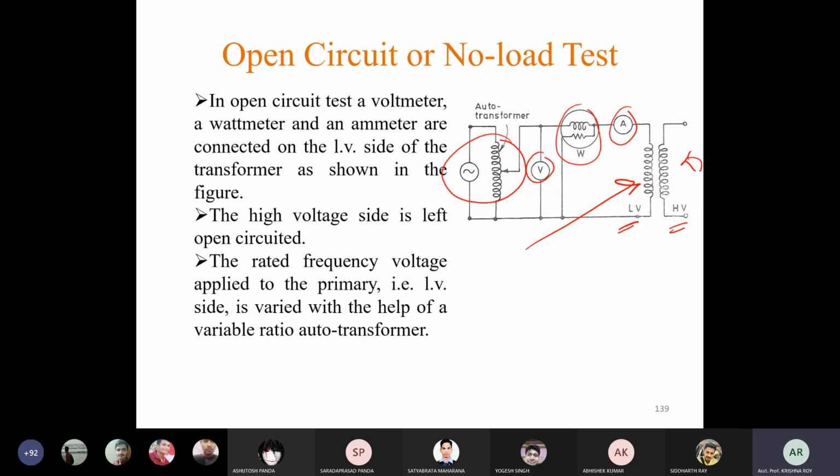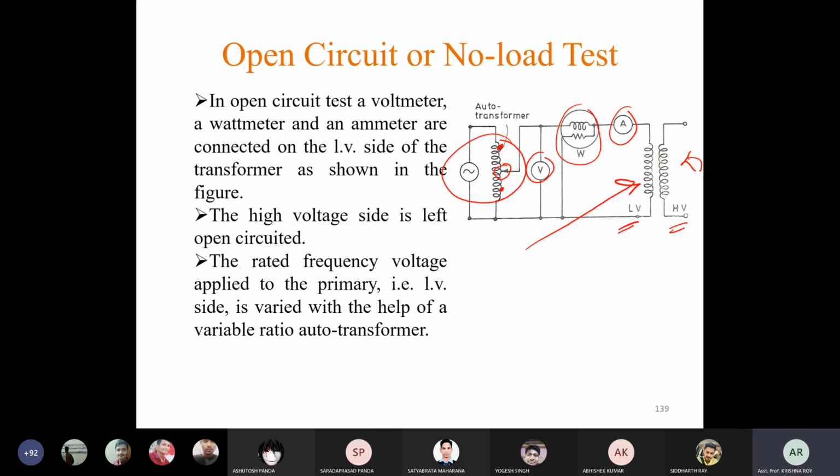So what is this auto transformer? Auto transformer is nothing but a variable output transformer. That means by changing this wiper position, we can have different values of output voltage. Suppose when the wiper is at this point, the output voltage will be low. When the wiper is at this position, we will have a higher output voltage.